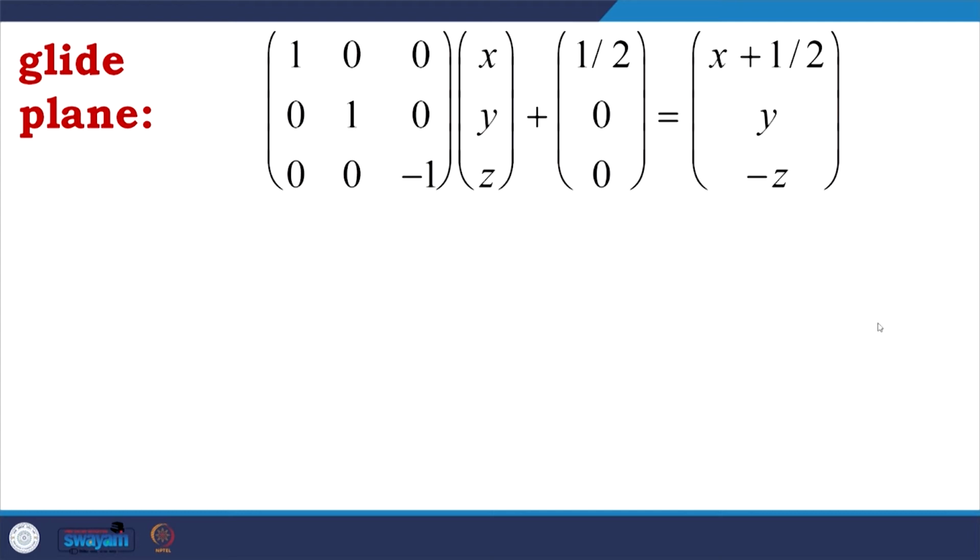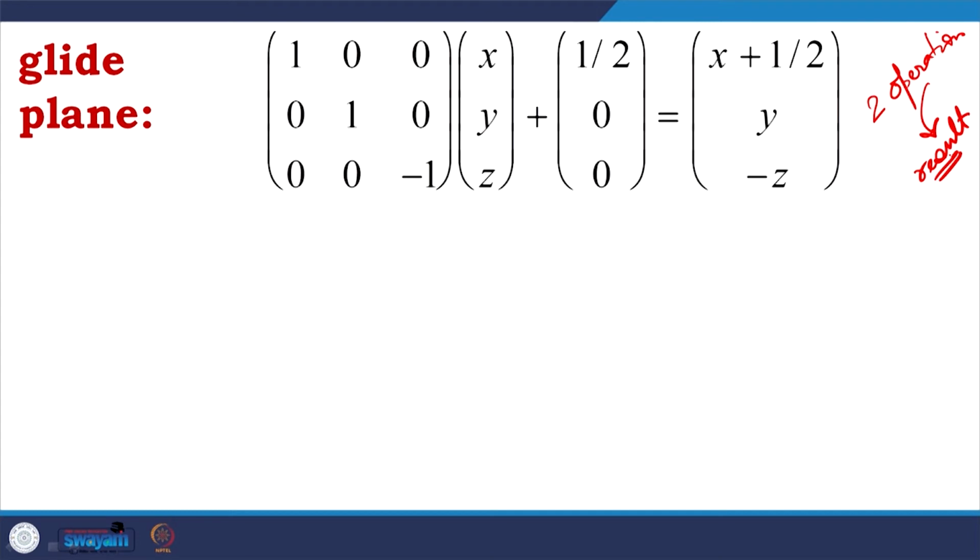In the glide plane, this is interesting. You have one matrix and you have a second matrix, which tells you that you have 2 operations leading to a result.